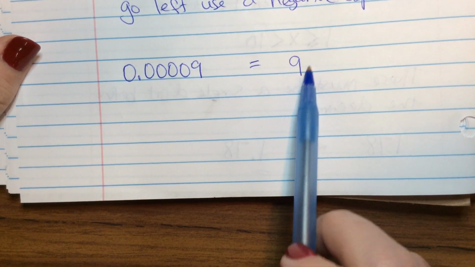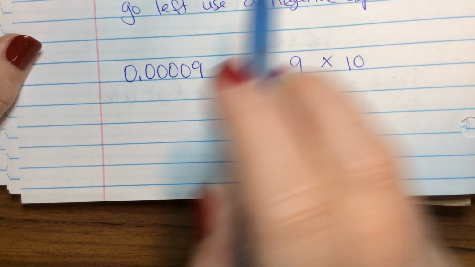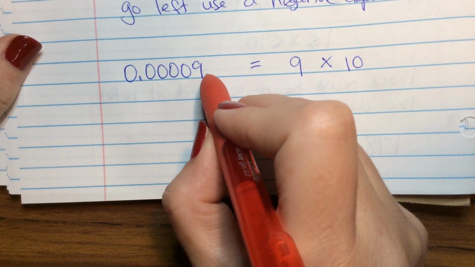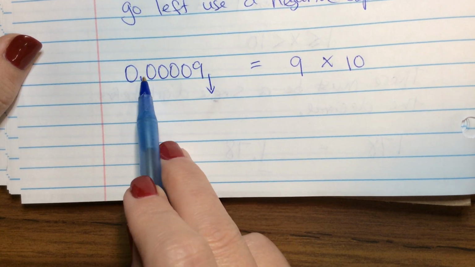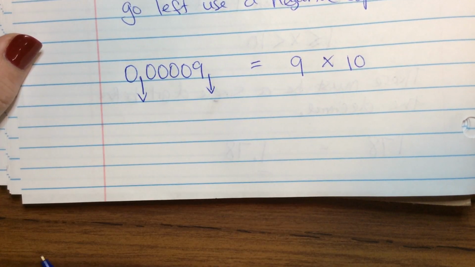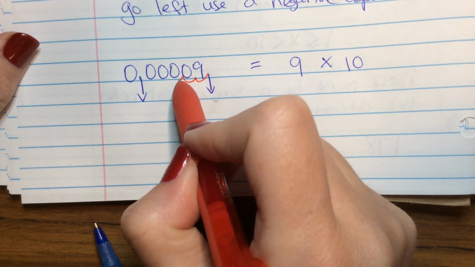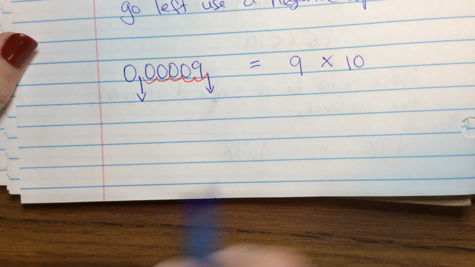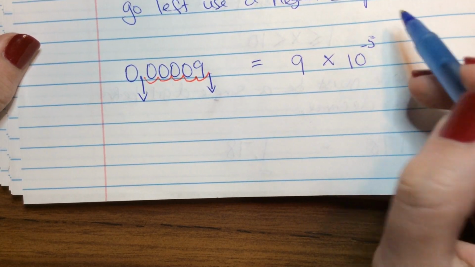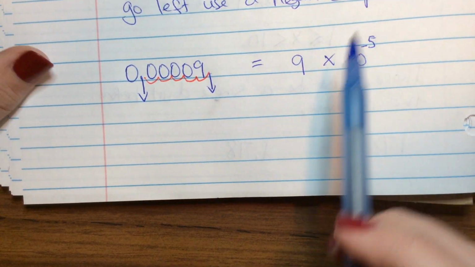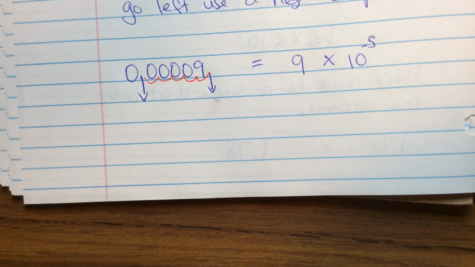I could write 9.0, but I don't need to. So my decimal is going to be right here, and I'm trying to get to right here. So how far do I have to hop backwards? So 1, 2, 3, 4, 5. Had to hop backwards 5 to the left, so it's going to be -5. And it's fine that it doesn't have like 9.2 or anything like that. It's okay.